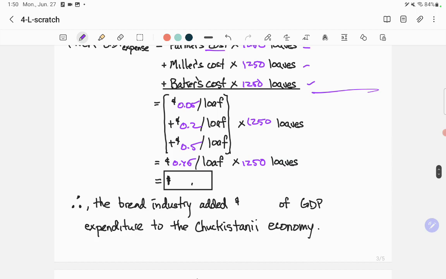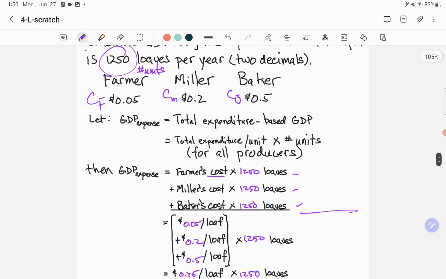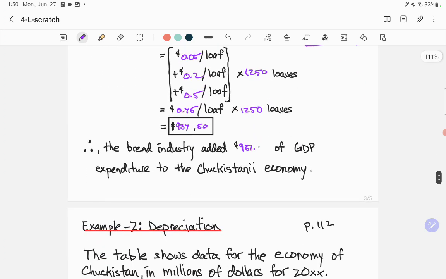And the answer is $937.50. Therefore, the bread industry added $937.50 of GDP expenditure to the Chuckistani economy.